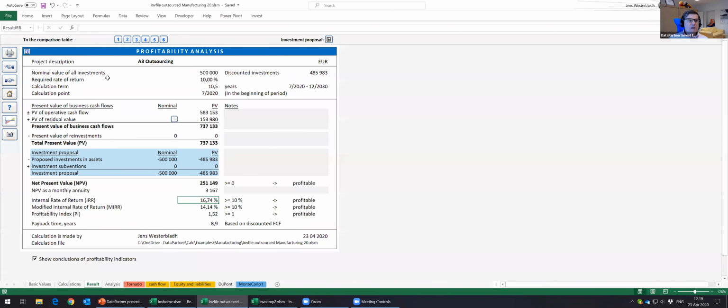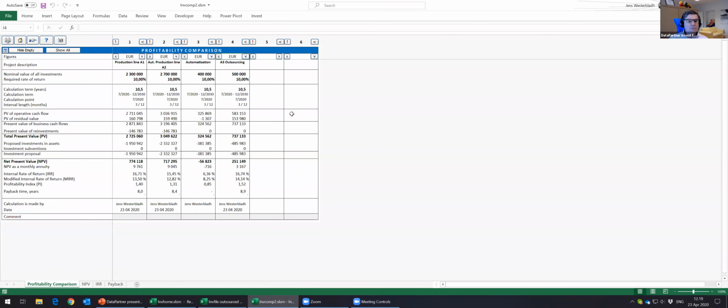If I push this one now to, I put in the fourth. So then we have the same IRR. This is interesting. Yeah, we have the same IRR, slightly higher modified IRR, but longer payback time and much lower net present value.